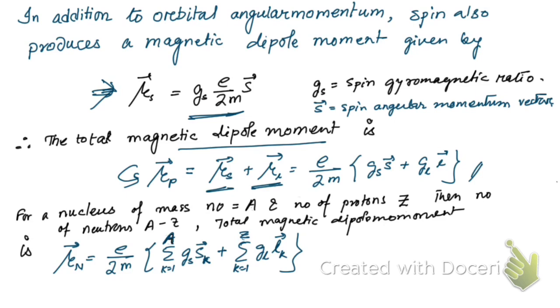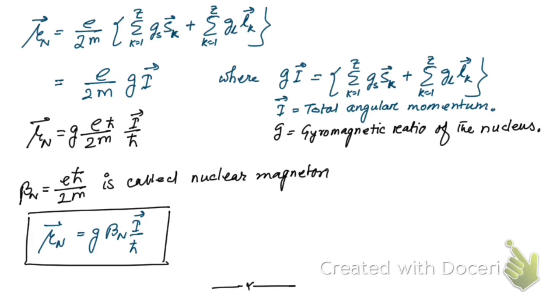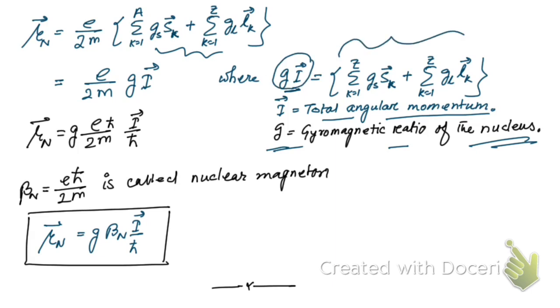So now let me go to the new slide. Okay, this expression, let me make the correction here also. Sorry, this is supposed to be A, right? And so this can be written this way: Z into I, where I is the total angular momentum I have taken here, and Z is the gyromagnetic ratio of the nucleus, which is nothing but Gi, nothing but this, and so we can write this way.